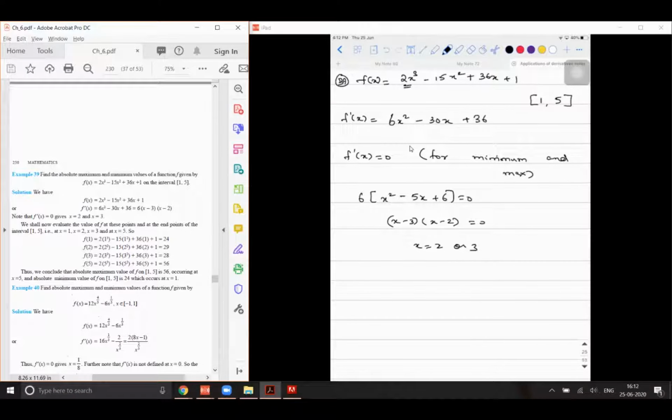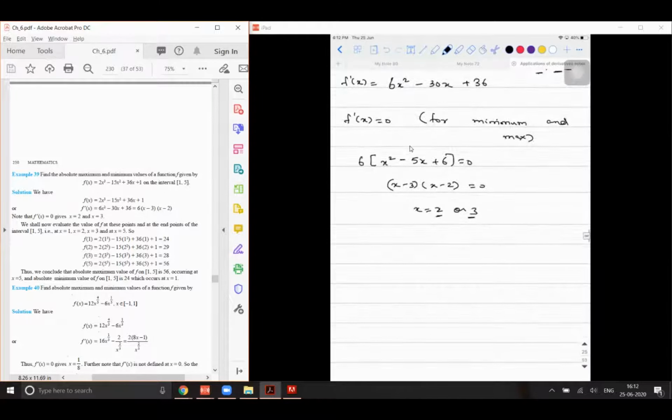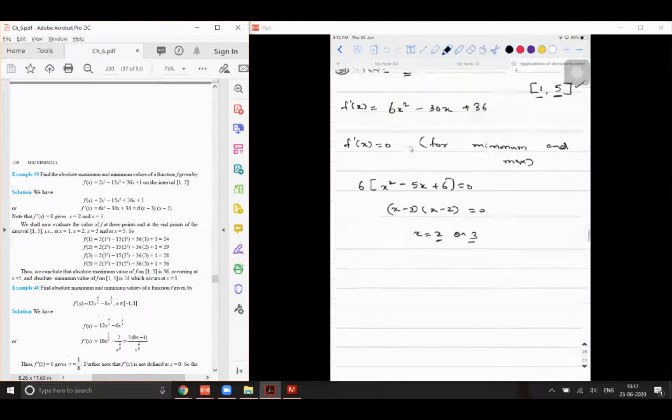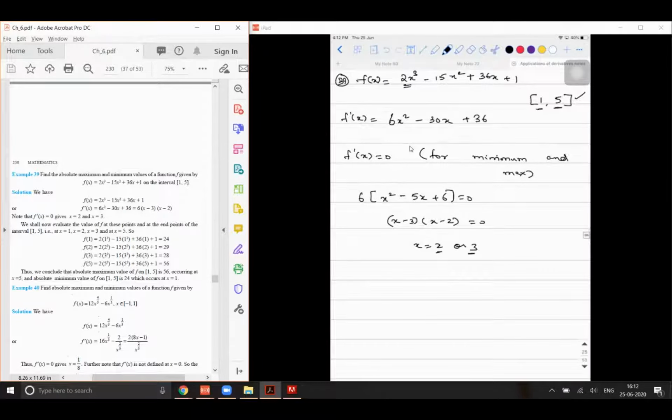Right. So what is happening? You need to first verify whether this 2 and 3 are in the given domain. Are they? Yes. Right. Because the domain is 1 to 5. So 2 and 3 of course lie between 1 and 5. Now if it is an open interval, you do the second derivative test.